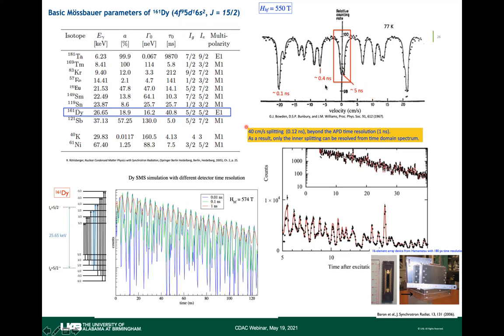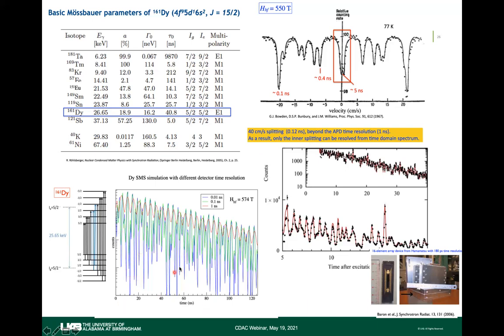The next absorption line is actually sub-nanosecond. And the detector used in this type of experiment has a time resolution of about 1 nanosecond, so this really limits us from seeing the very fine features in the time domain.